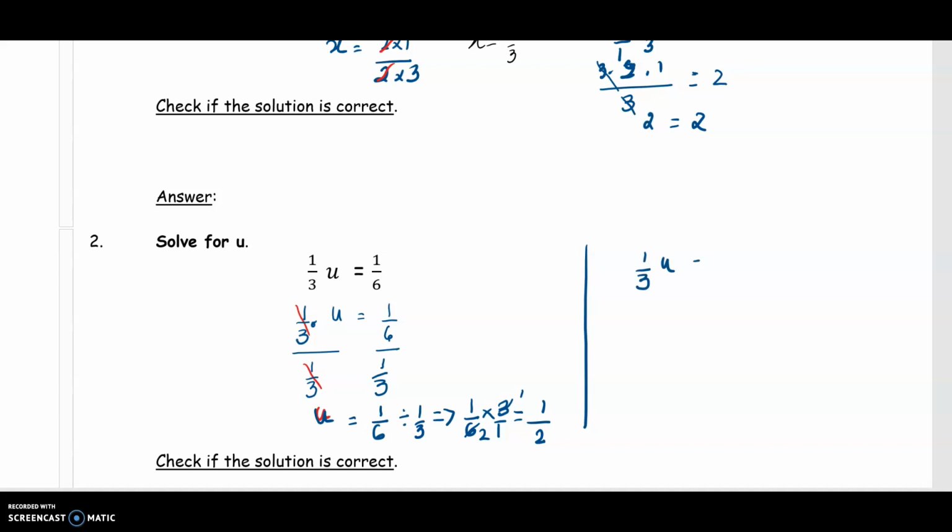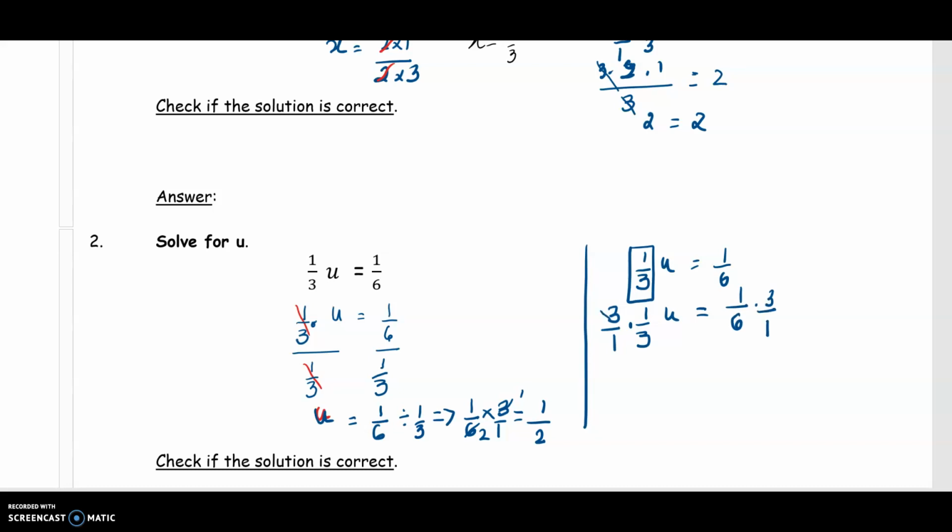So 1/3 u equals 1/6. Instead of dividing by 1/3, I multiply both sides by the reciprocal of 1/3 because I want to get rid of this 1/3. I can get rid of it if I multiply with its reciprocal, which is 3 over 1. So if I multiply the left with 3 over 1, I multiply the right side with 3 over 1.